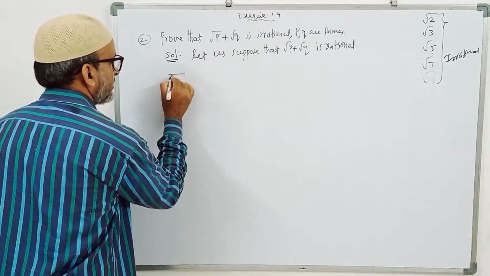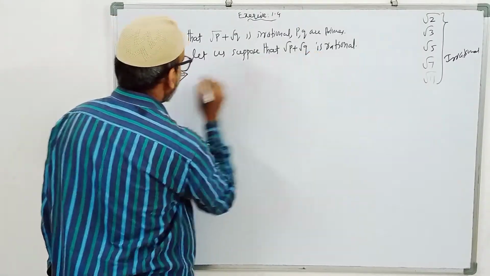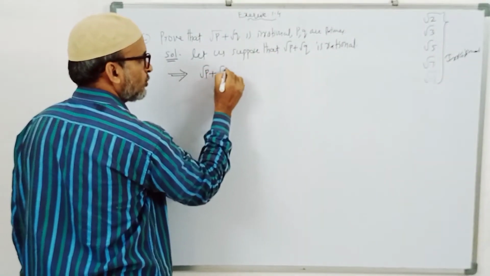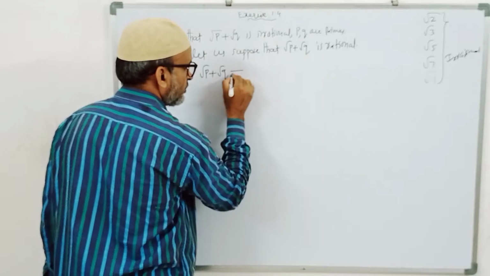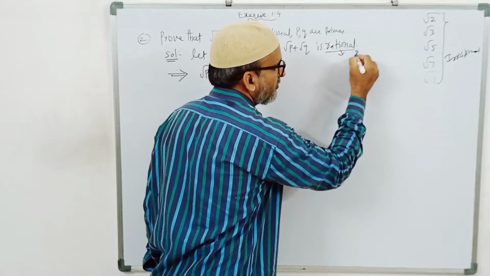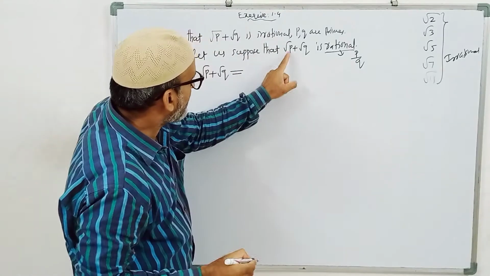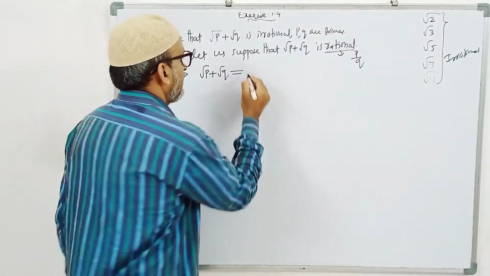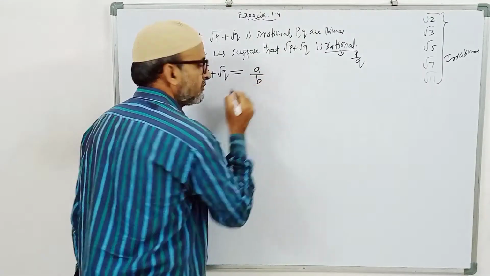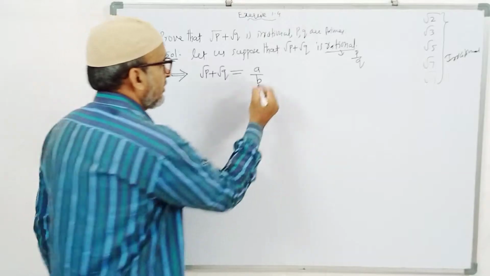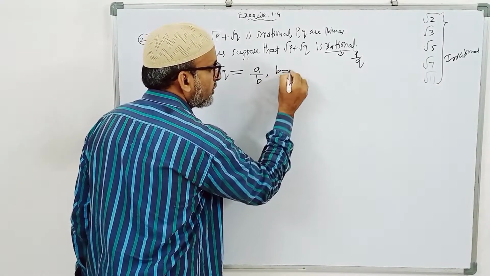Implies root P plus root Q is equal to a rational number. By definition it is in the form of P by Q, but P and Q are already used, so we will take another form: A by B, numerator and denominator, where B is not equal to 0.